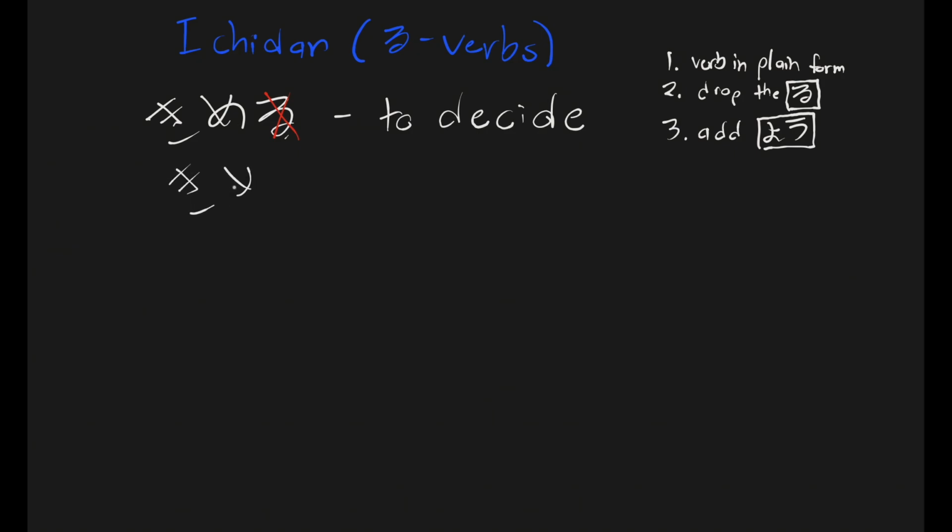So we have kime, and then nothing. We dropped it. Our next step is adding yo. Kime yo. You have to have the extension at the end. You've got to add that u hiragana to the end. And that would mean let's decide.